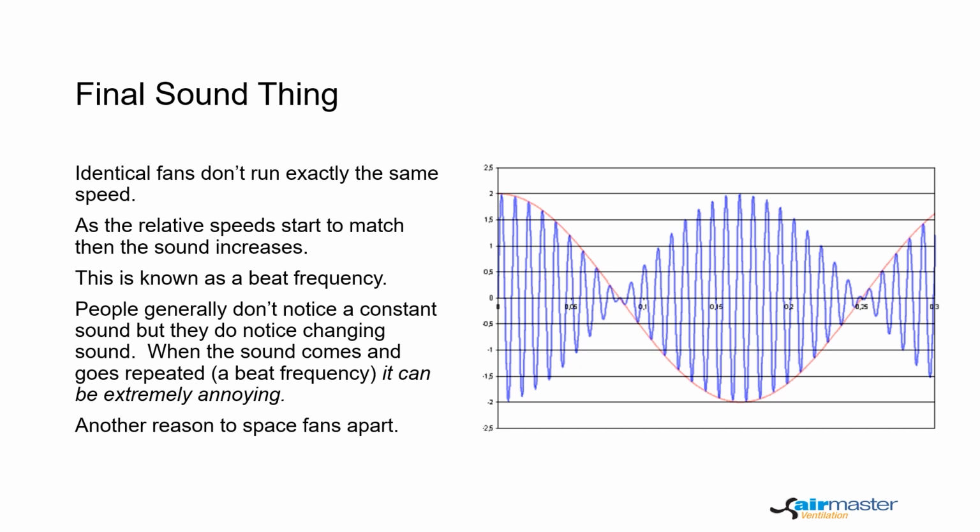That's how we knew that the predators were creeping through the grass to make us into lunch. So the issue is, because of our sensitivity, beat frequencies can be very annoying. So this is another reason to use larger fans spread further apart, since this will reduce the possibility of this annoying situation. It won't eliminate it, but it will reduce it to the point where it is not noticeable.